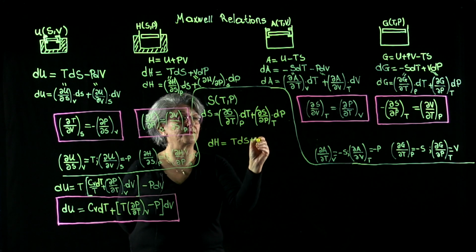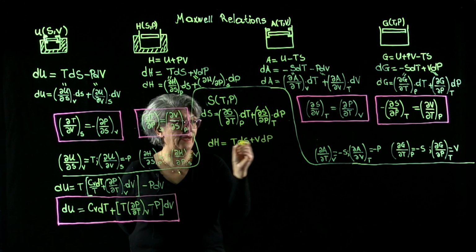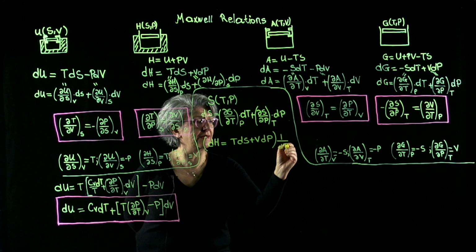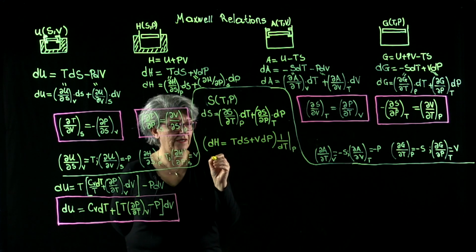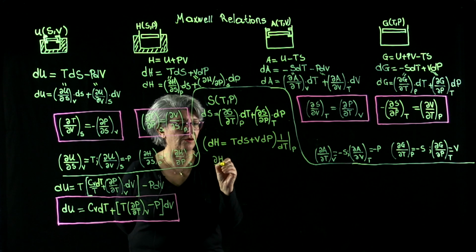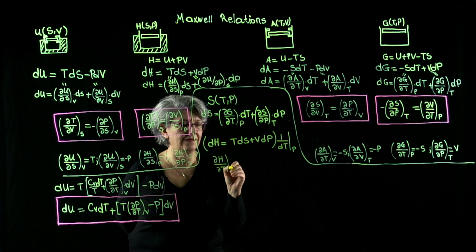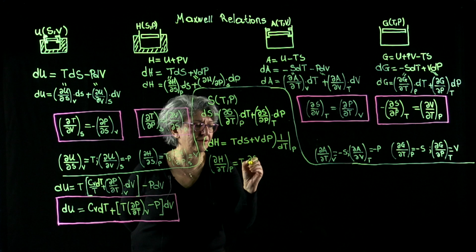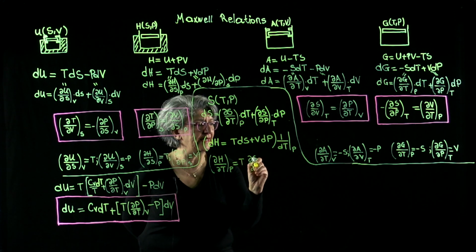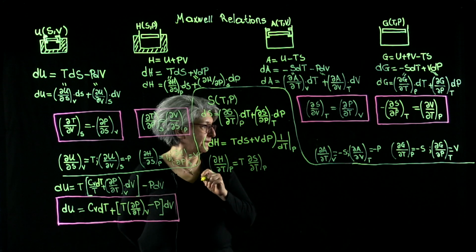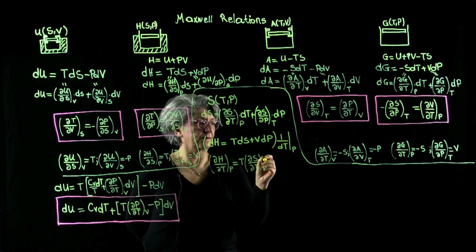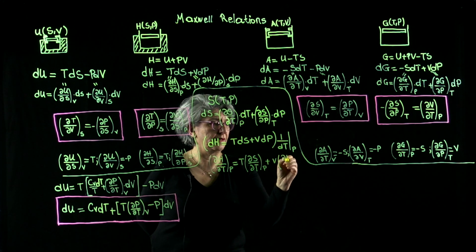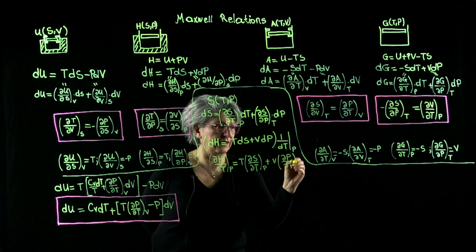plus VdP. I'm going to divide both sides by dT at constant pressure. So I have del H over del T at constant pressure equal to T del S over del T at constant pressure plus V del P over del T at constant pressure.